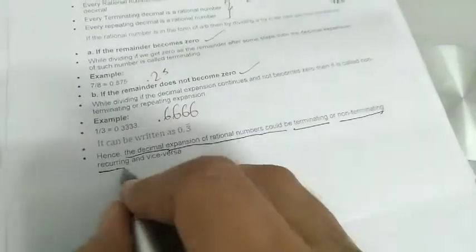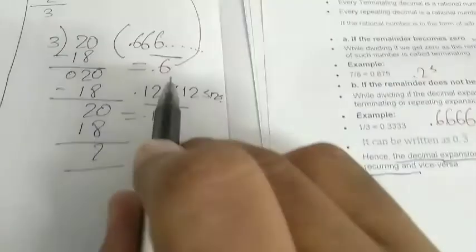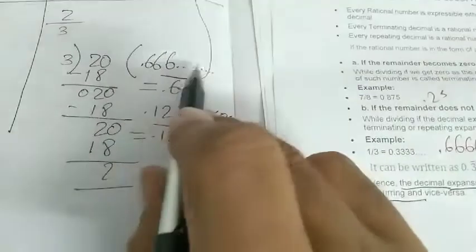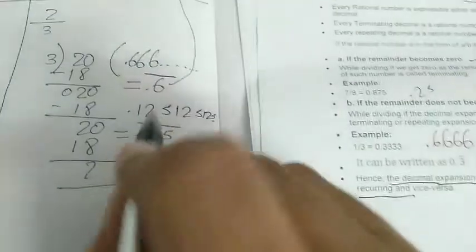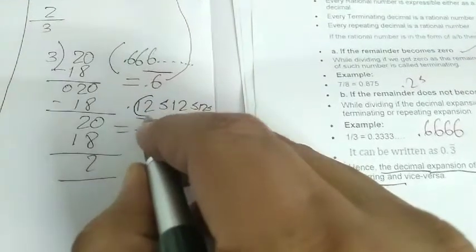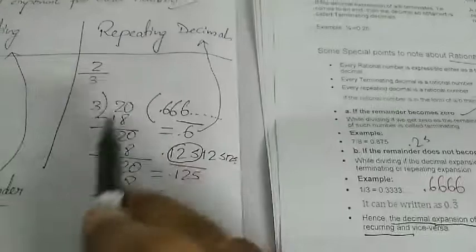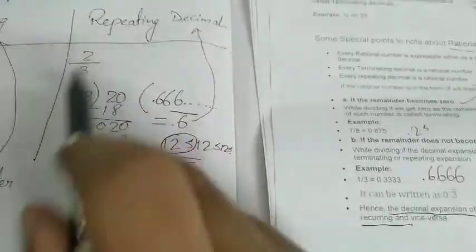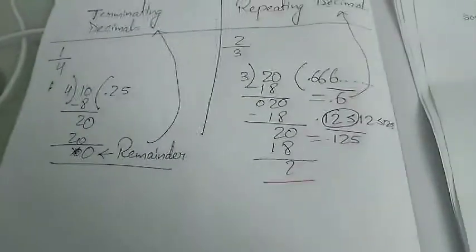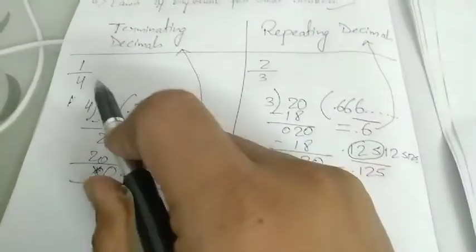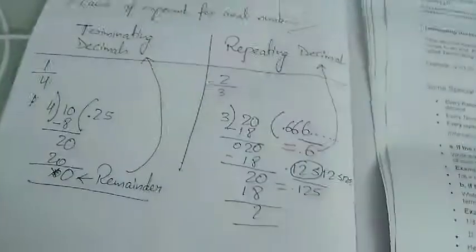If they are non-terminating, they should be recurring, meaning the same digits or the same set of digits should repeat. Here 125 was repeating itself again and again, and that's why 2 by 3 is a rational number. Since this decimal terminated, that's why 1 by 4 is a rational number.